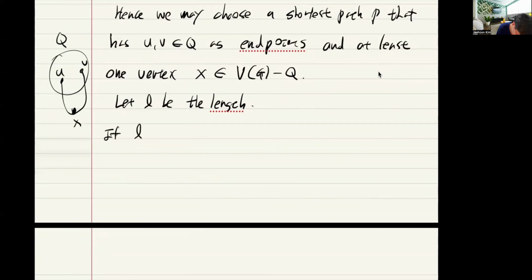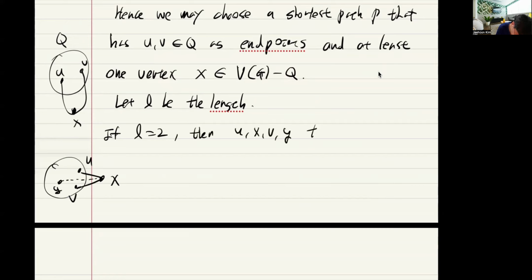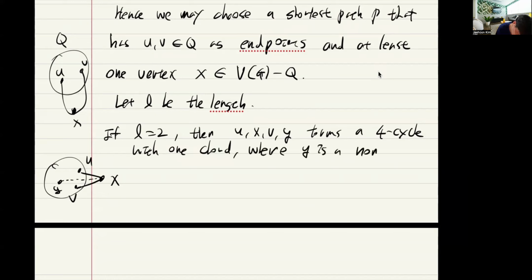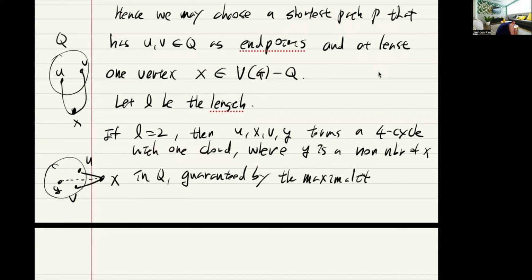If L is 2, then you have U, V, you have X. As I mentioned, there is at least one non-neighbor of X, which is Y. Then this U, X, V, Y forms a cycle of length 4 with one chord, where Y is a non-neighbor of X in Q, which is guaranteed by the maximality of Q.